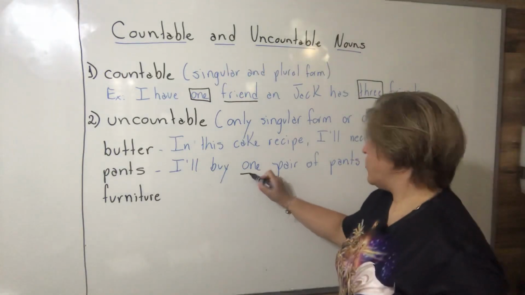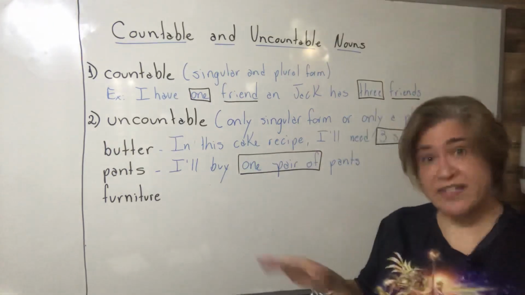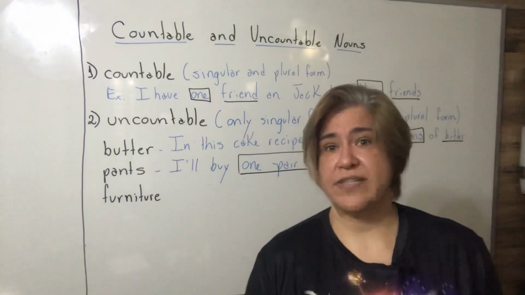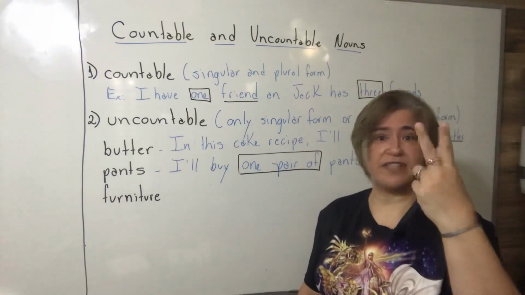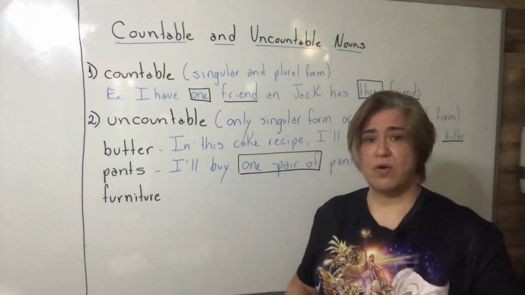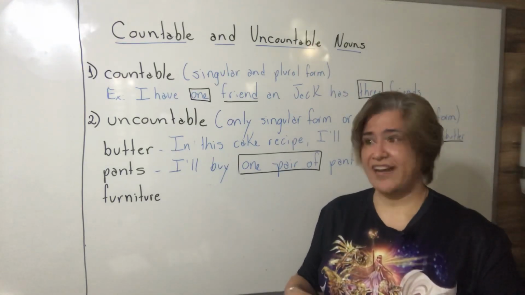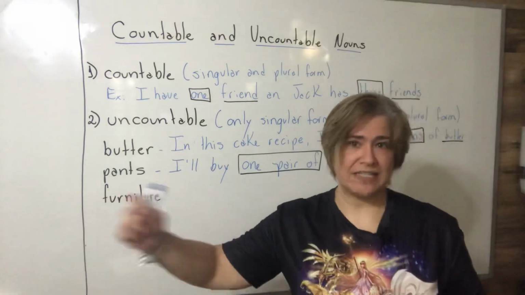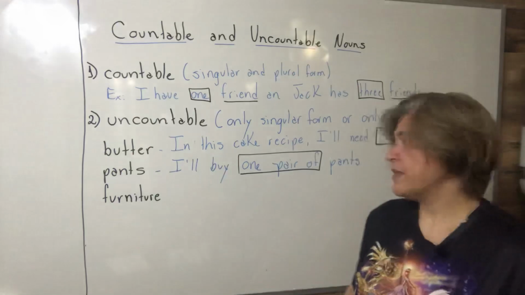I will buy 1 pair of pants. But pants is always in plural. That's why it's impossible to say countable. Because you can say 1, you can say 2 or 3. It's 1 pair, 2 pairs, 3 pairs. I like those pants. Okay? Not that pant, no. Not okay.